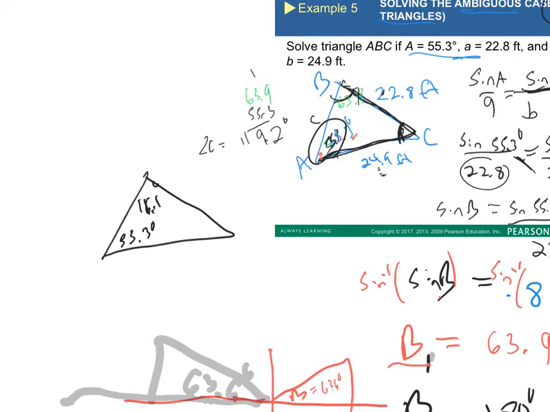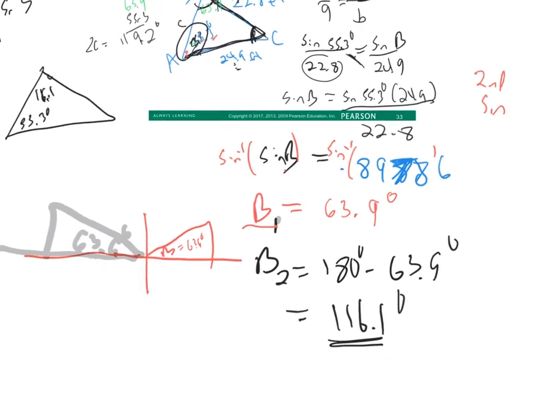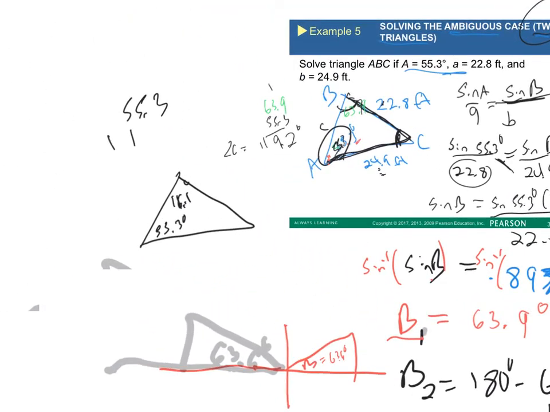Let's add those together. 55.3 plus 116.1 is 171.4 degrees.